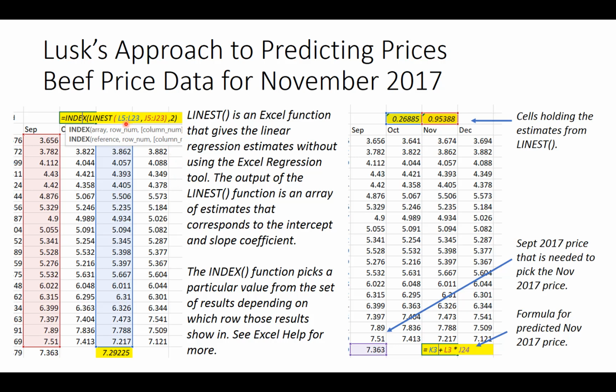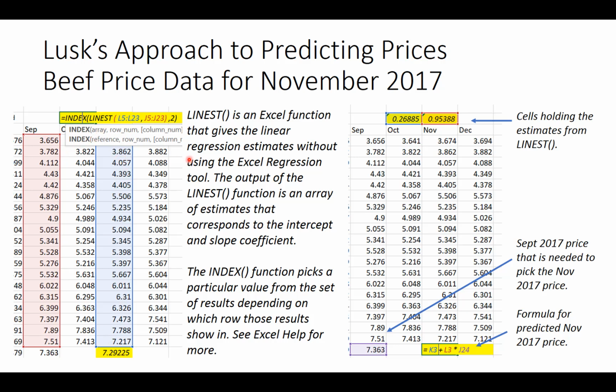But if you just wanted the estimate to appear in some cell, that's what you use LINEST for. So if you are primarily interested, like we are, in forecasting, it might be useful to just have a way of generating the slope coefficient and the intercept coefficient in cells so that you could use those as parameters in formulas. And that's what Professor Lusk does here.